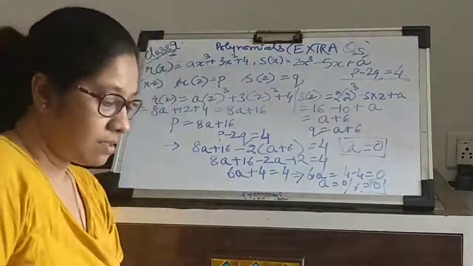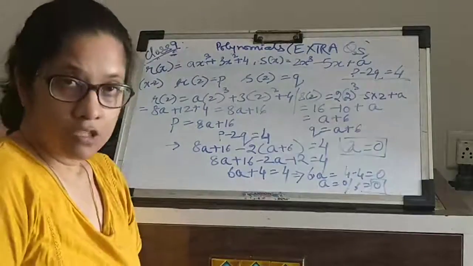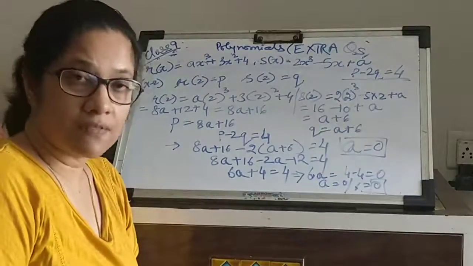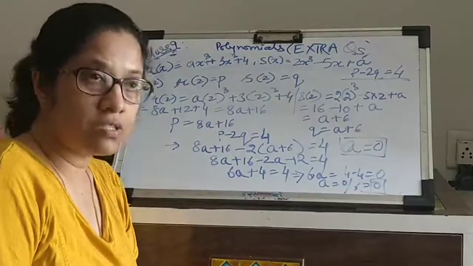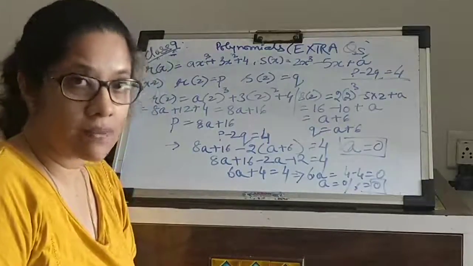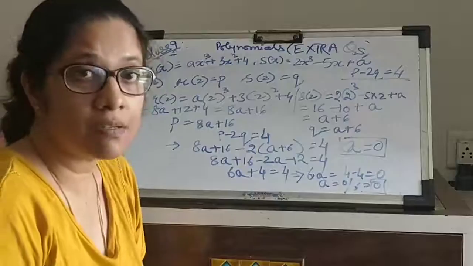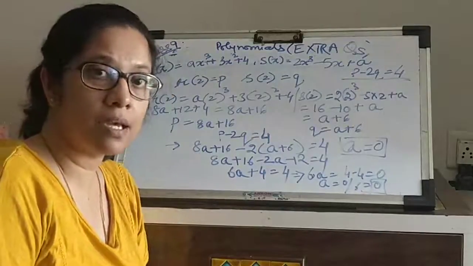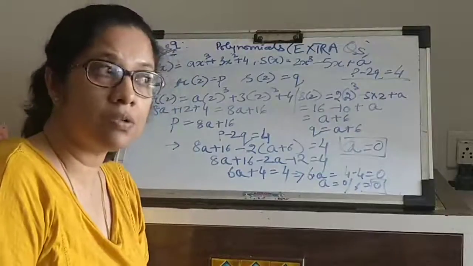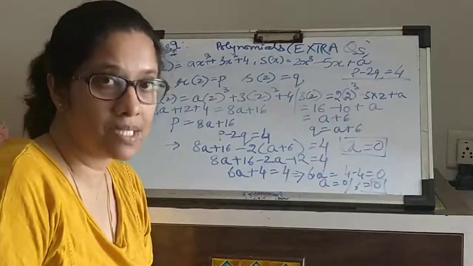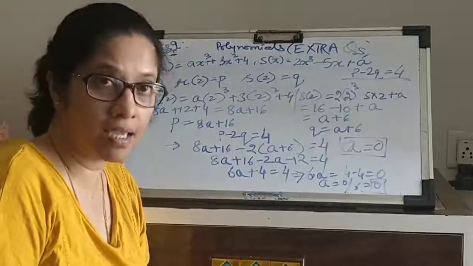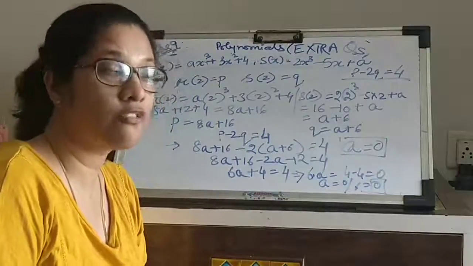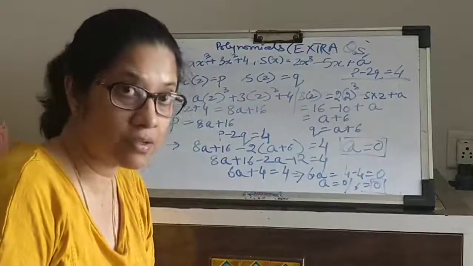Okay? Quick review. Two polynomials R(x), S(x) given to us. Also told that when they are divided by x minus 2, we get remainders p and q respectively. So all we do at this point is apply remainder theorem, because remainder theorem states that if a polynomial P(x) is divided by x minus a, we are left with the remainder P(a).